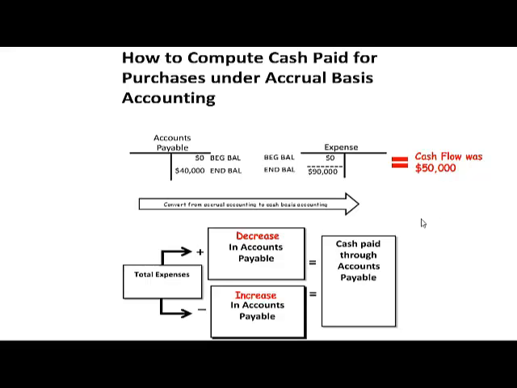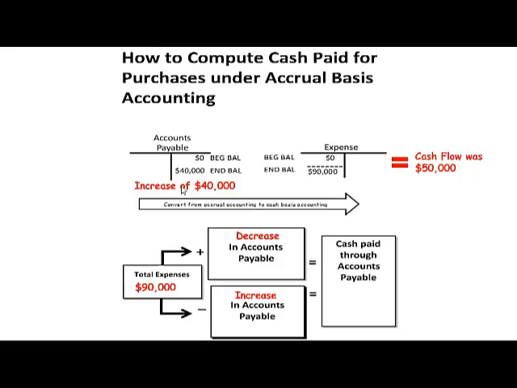So now all I have to do is utilize this information to calculate the cash outflow through accounts payable. So I take my expenses of $90,000, and now I look at my accounts payable account. I started out at zero. I ended up at $40,000.